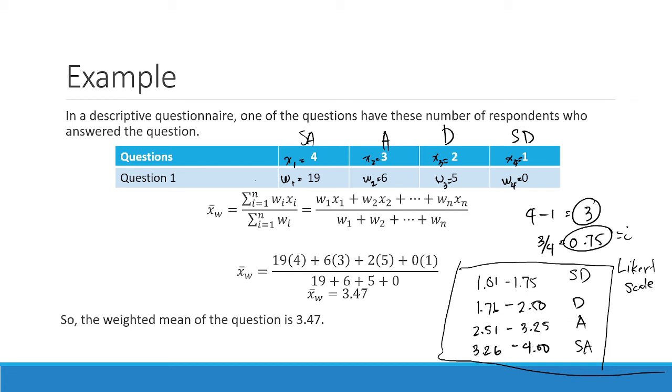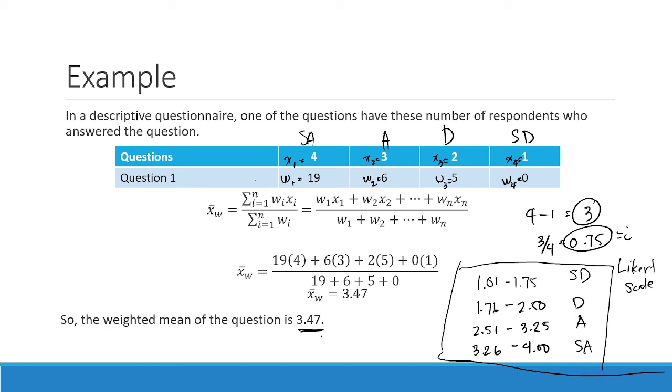So in here, kahit na makakuha ka ng weighted mean na in between nung mga usual mong values, halimbawa, 3.47 is in between 3 and 4. Hindi mo naman pwedeng hulaan na sabihin mo agree siya or strongly agree. You need to check for this Likert scale.